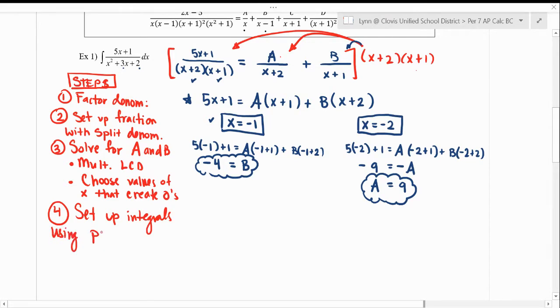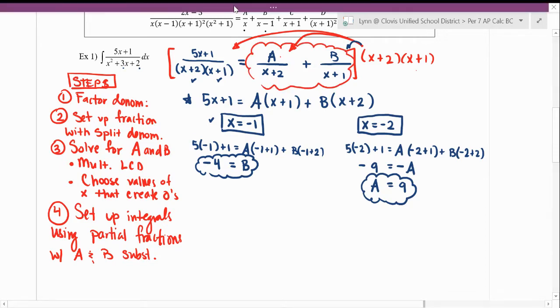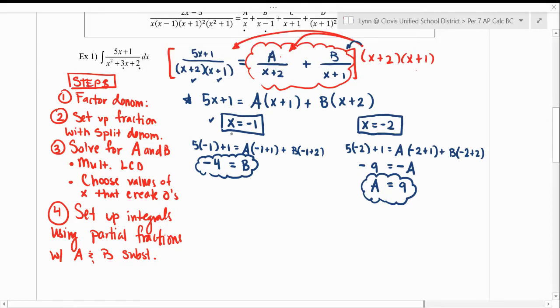I'm just going to call it the partial fractions, with A and B substituted for their number values. So again, these are equivalent, right? These are equal to each other. So the part that I'm going to be working with, though, is right here, because that's the piece I want to integrate. And so that's what I'm going to be working with. And so I'm going to replace. So instead of integrating this left side over here, I'm going to integrate the right side.